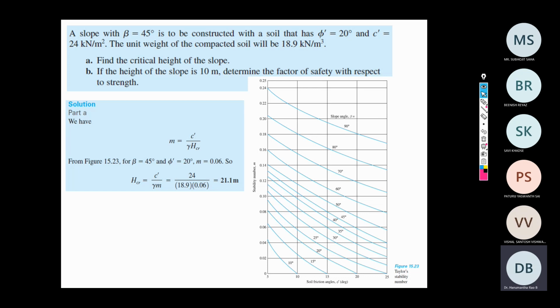Others also: the very first question which we solved belongs to infinite slope. The second question that we solved is finite slope but in cohesive soil. Now this slide shows finite slope in c-phi soil.